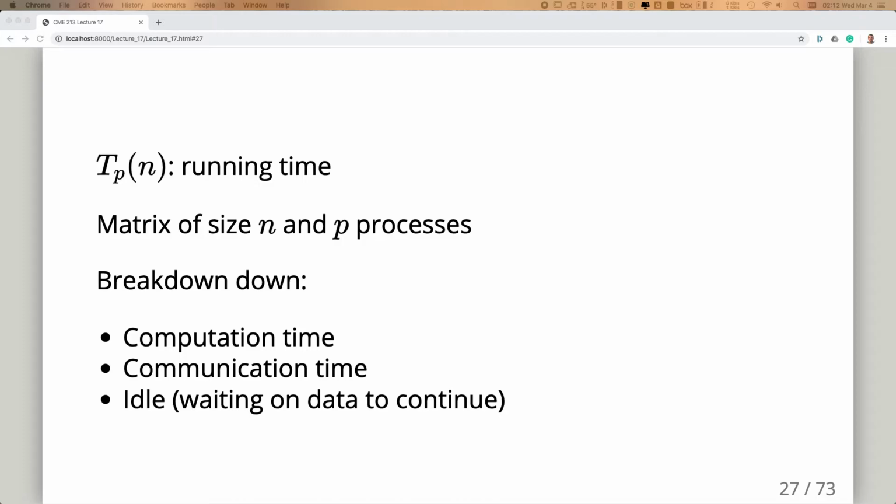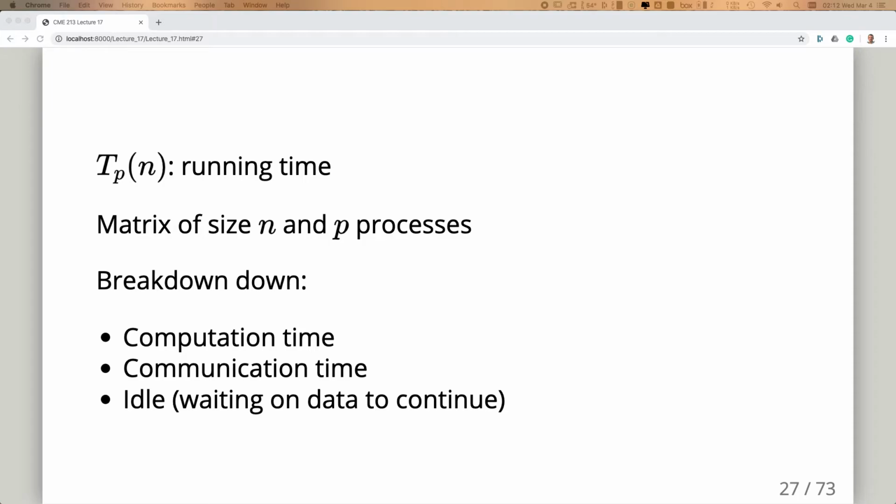You're just waiting for the data to be computed somewhere.